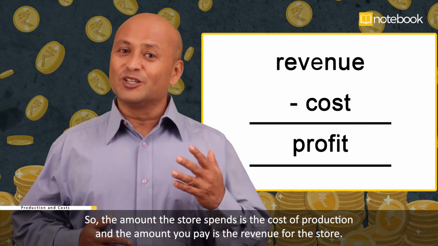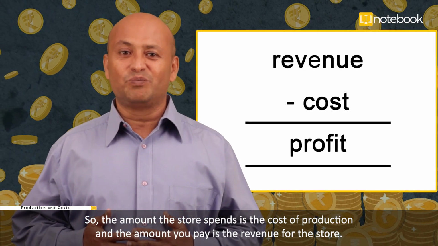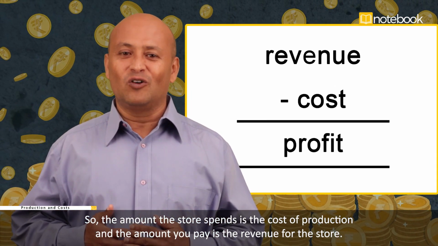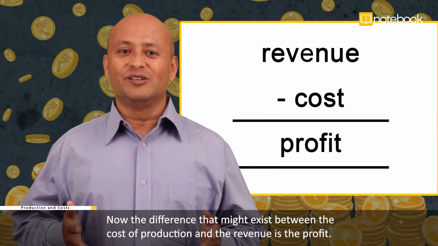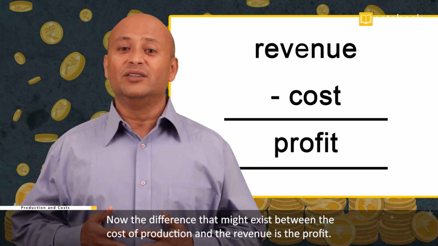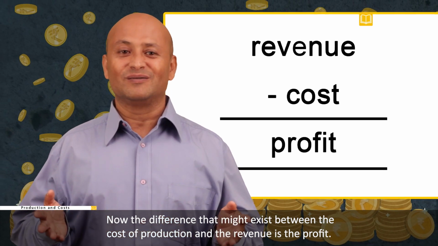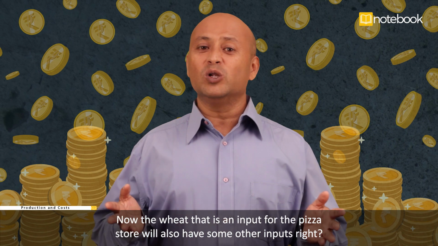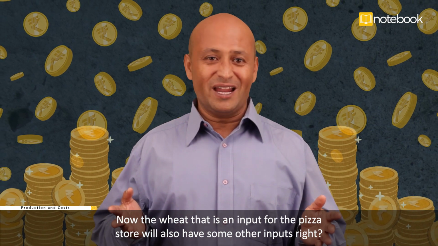So the amount the store spends is the cost of production, and the amount you pay is the revenue for the store. Now the difference that might exist between the cost of production and the revenue is the profit. Now the wheat that is an input for the pizza store will also have some other inputs, right?